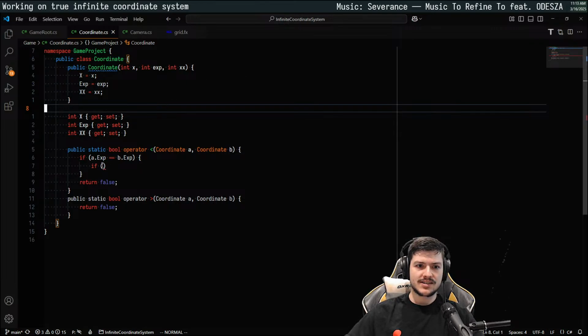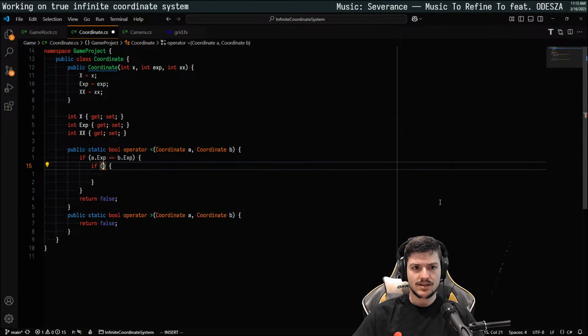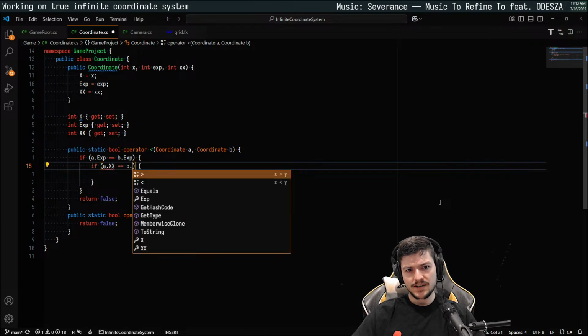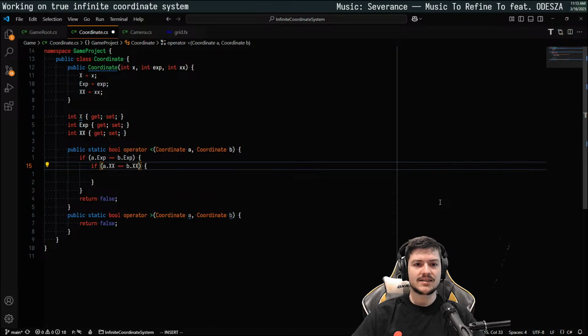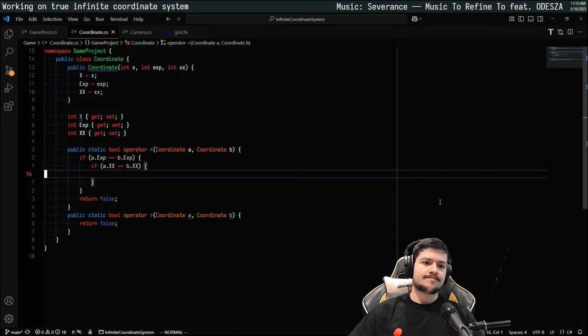So if the exponent is the same, and then if a dot xx equal, but then x doesn't make sense anymore, but whatever. If this is equal to b dot xx, I'll fix the code after. This can be rewritten to a one-liner pretty much, but whatever.